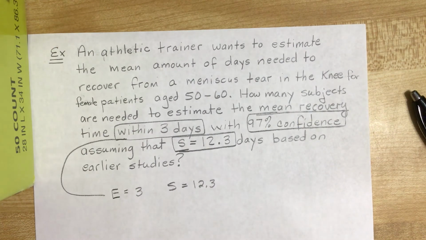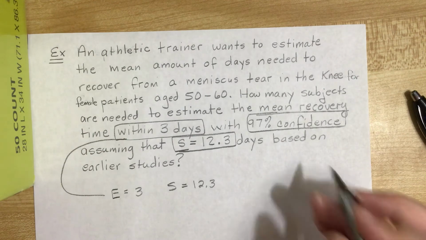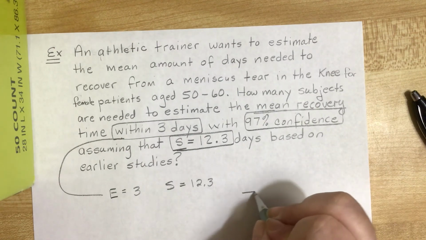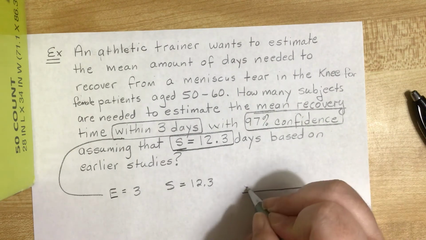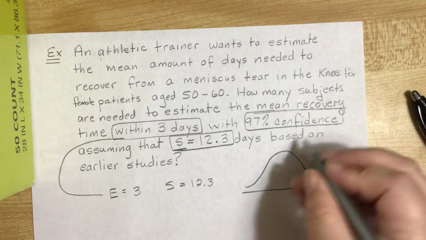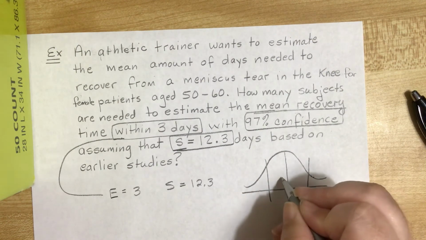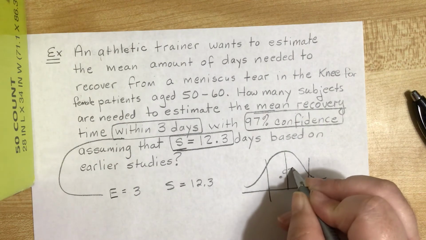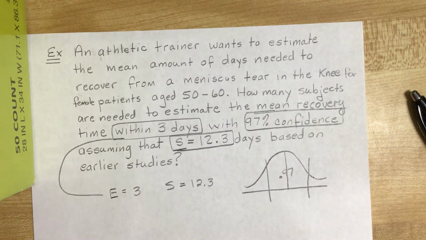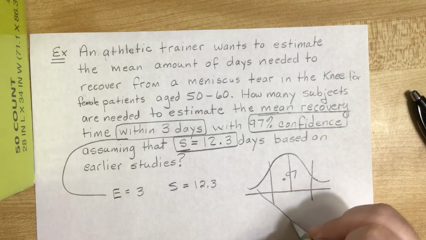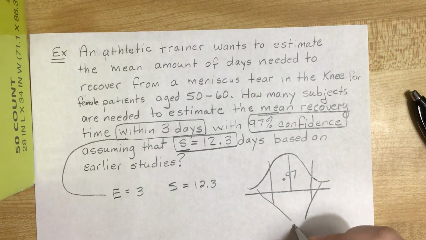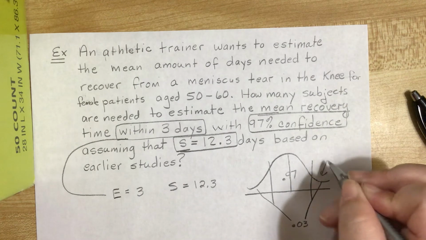Okay, so you're going to have to flip back to the other table, the standard normal table. So we want to do 97% confidence. That says we want to be 97% confident that it is between the lower bound and upper bound, which means we're going to allow ourselves 3% error, split evenly.